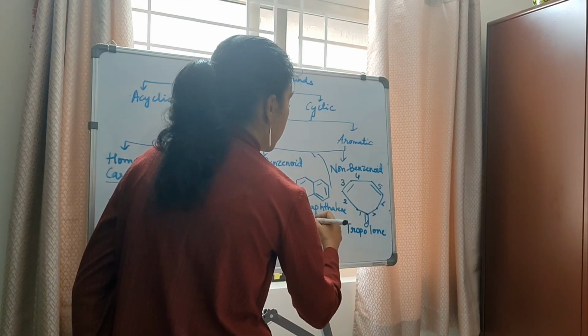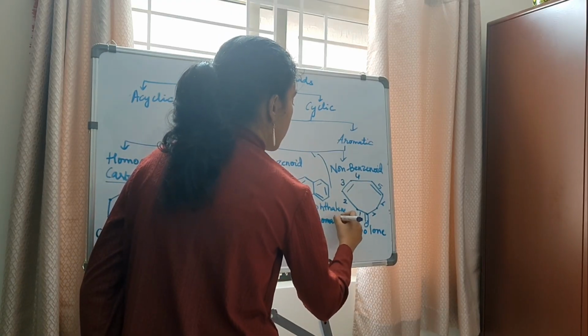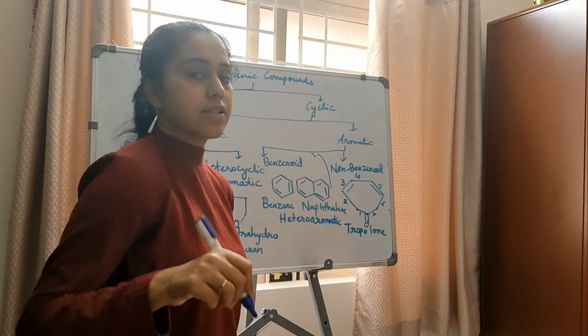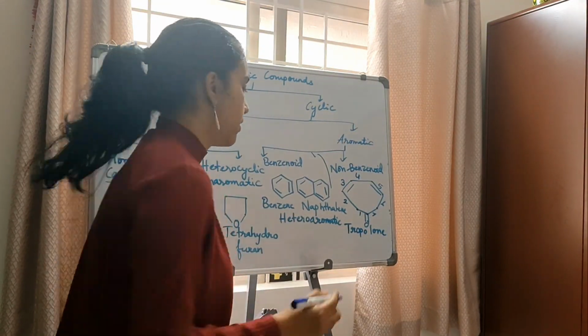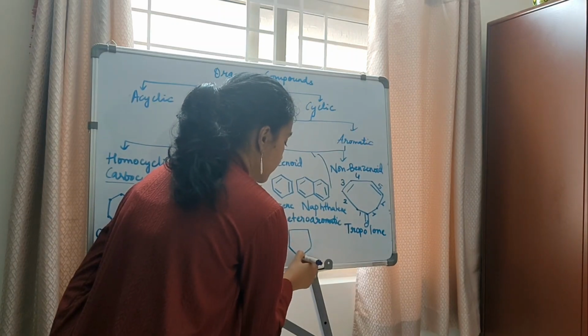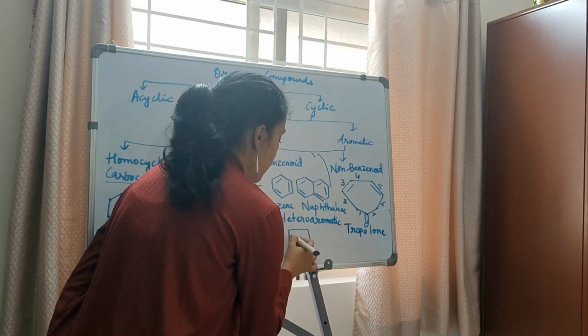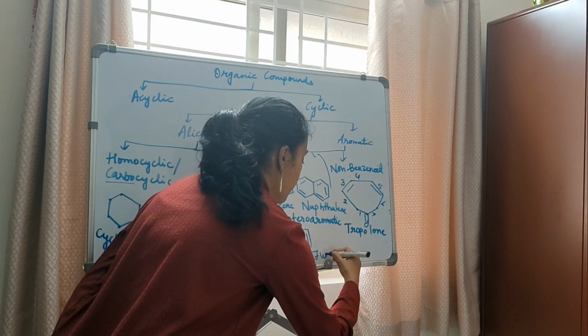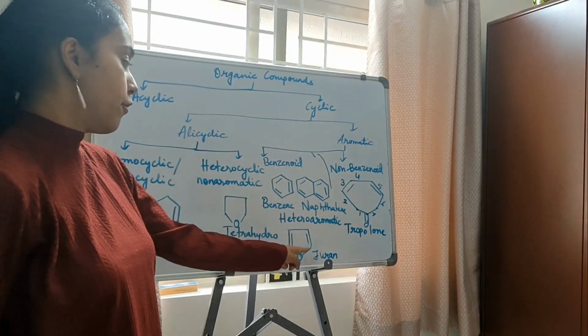And the last category is heteroaromatic type of compound. Heteroatom is present. There is a different atom present other than carbon. For example, let's take this, which is called furan.